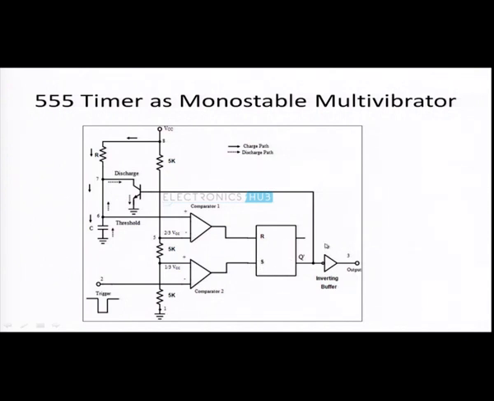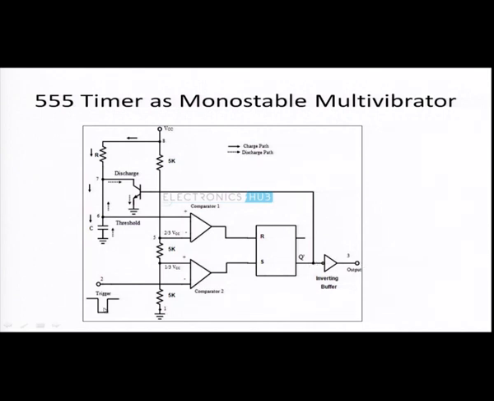If the flip flop is set, we know that Q is 1 and Q bar is 0. So, during the stable state, Q bar is high and the output is low.